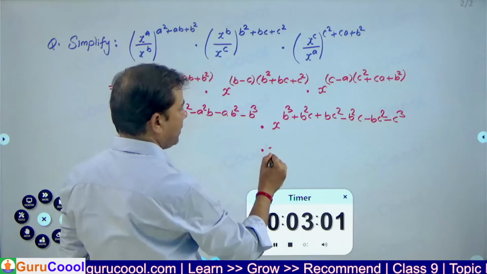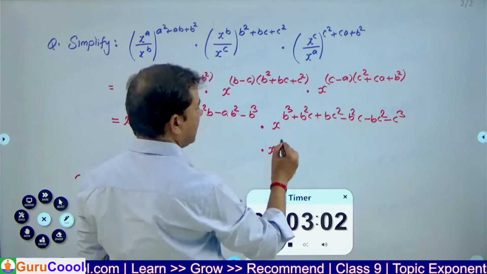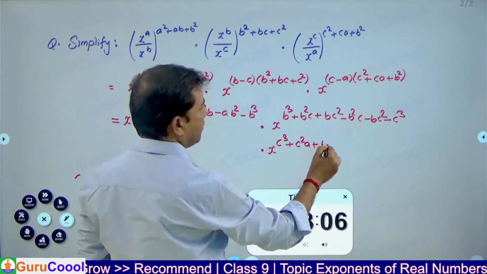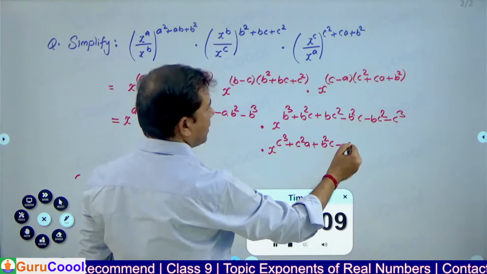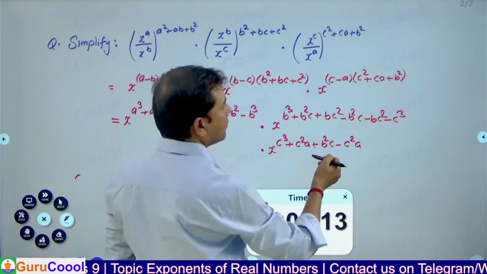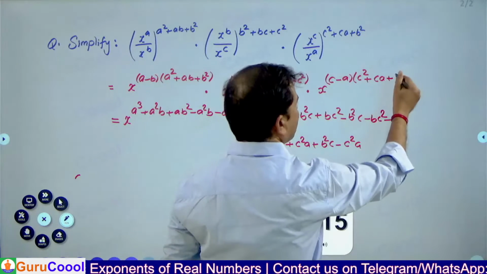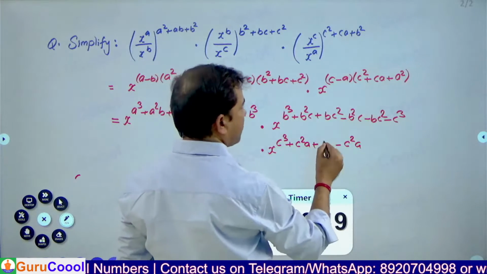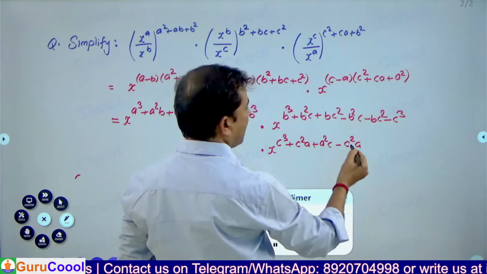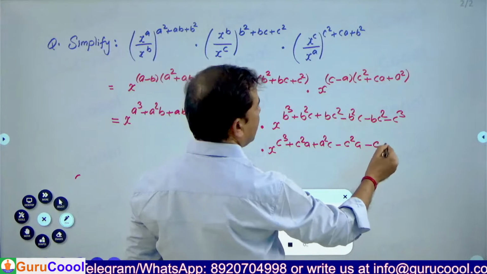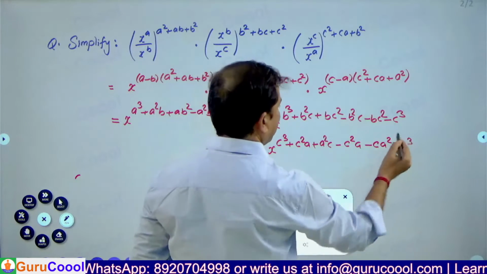Now the third one here, c cube plus c square a plus a square c minus c square a, it should have been a square, by mistake I wrote b square. So it's a square c minus c square a minus c a square minus a cube.